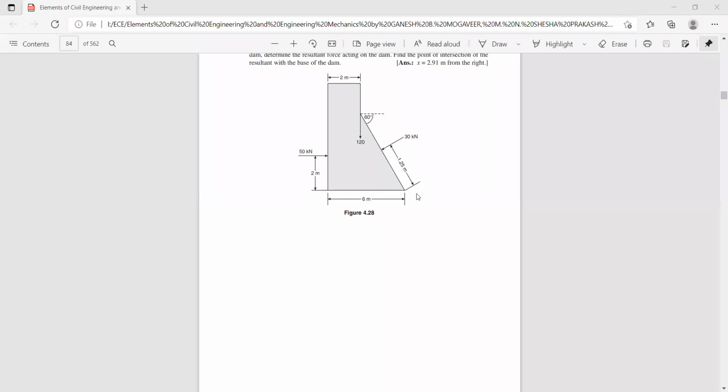Now you find HF, from this point to this point. HF will be cos 60. Cos 60 is equal to HF divided by 1.25. So HF is equal to 1.25 cos 60.